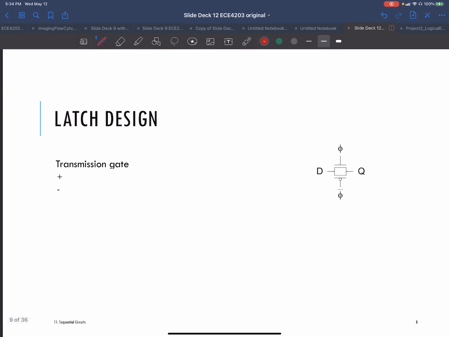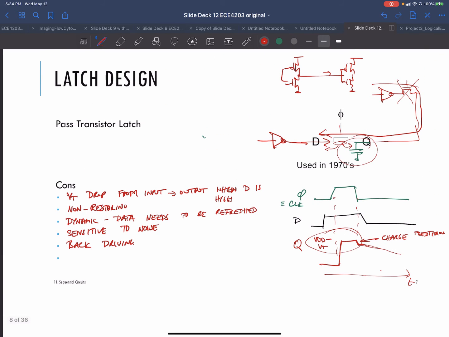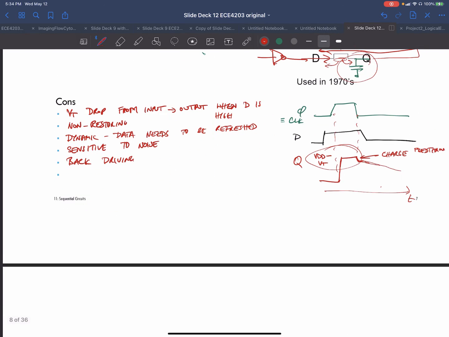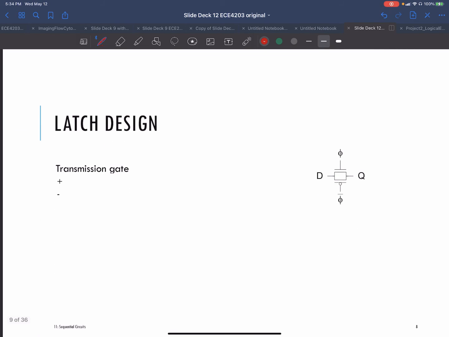Okay, so these are all the issues that we had with the simple pass transistor. The next step was to go to a transmission gate, which we're familiar with. This was the case where we have no VT drop because we use both an NMOS and a PMOS in parallel.